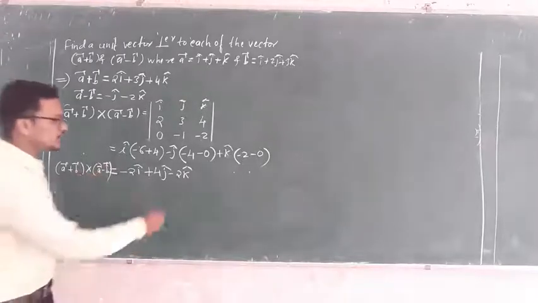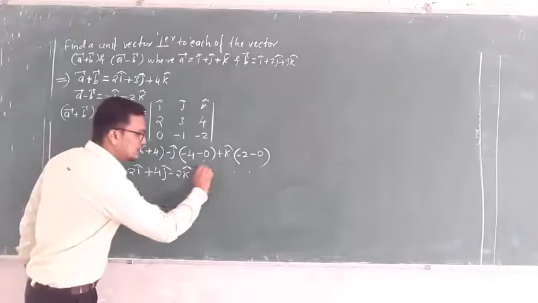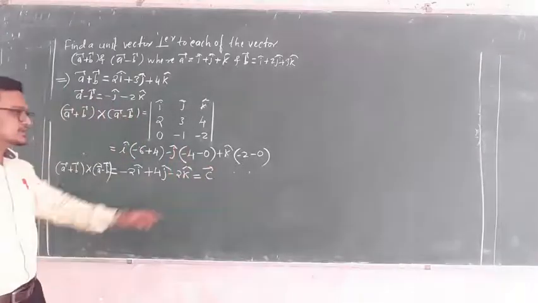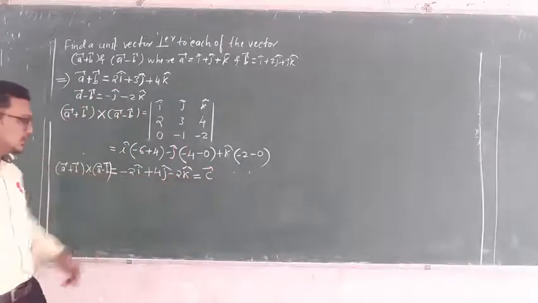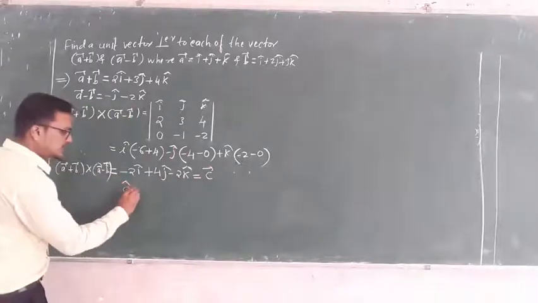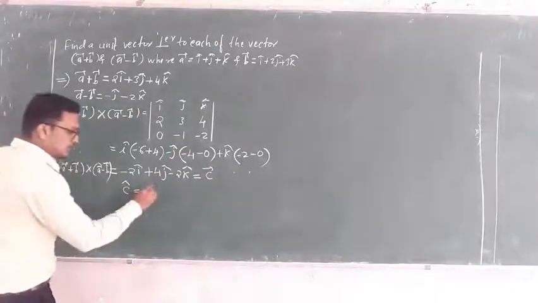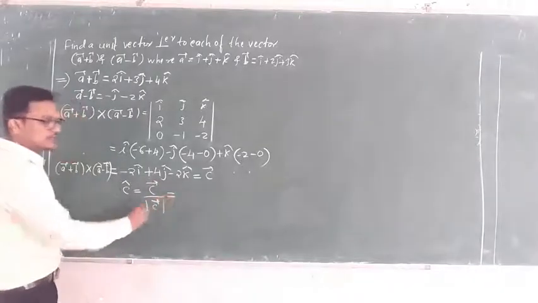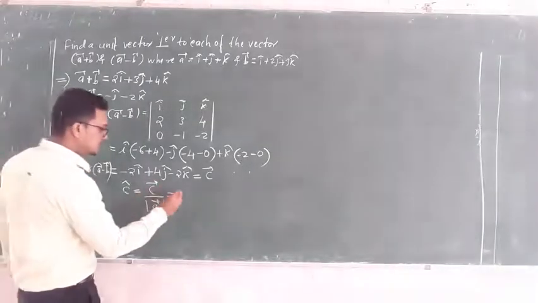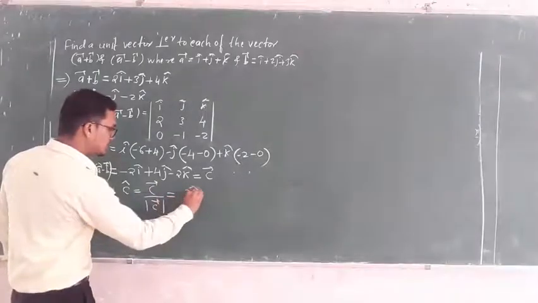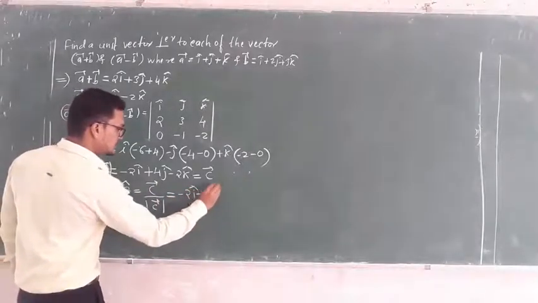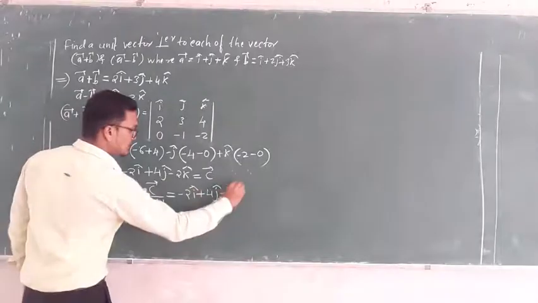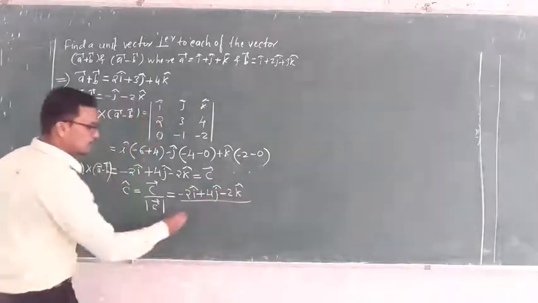So denote this answer by another name, vector c. Now you have to find c cap, that is the unit vector. The formula is vector c divided by the magnitude of vector c. So vector c here is minus 2i plus 4j minus 2k, divided by the magnitude.